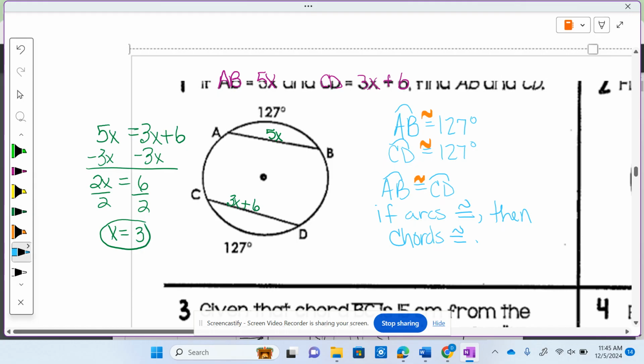Well, if x equals 3, then chord AB has a measure of 15 units. If x equals 3, then chord CD has a measure of 3 times 3 is 9 plus 6, which is also 15. And it better be because they're supposed to be congruent since they cut congruent arcs.